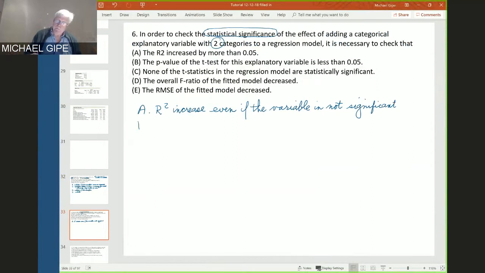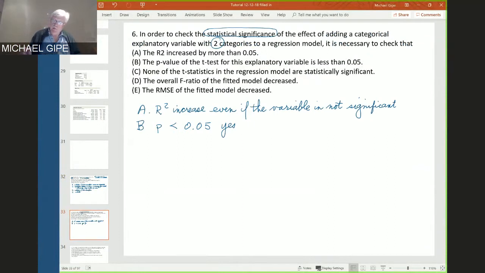How about B? The p-value of the t-test for this explanatory variable is less than 0.05. Yes, that would be a good way of checking. Two categories, we can do a t-test for the whole thing. And so if p is less than 0.05, then yes, the t-test does tell us that this single categorical with two states is a valid one.